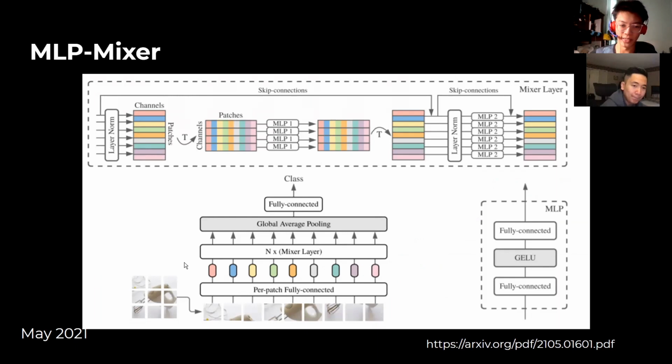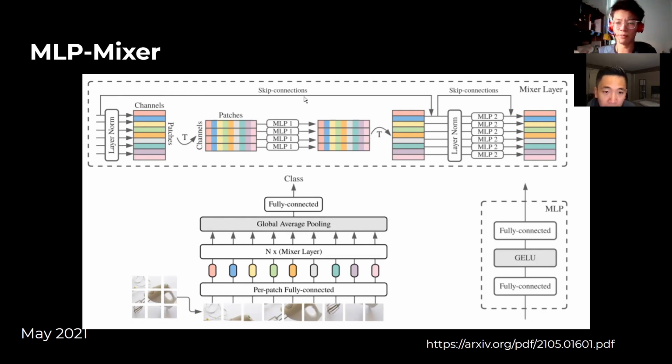Basically, what it's doing is splitting an image into various patches. We throw them into a mixer layer, and what a mixer layer does is it looks at these patches from a channel level. You transpose them, and then you look at these patches from a pixel level.